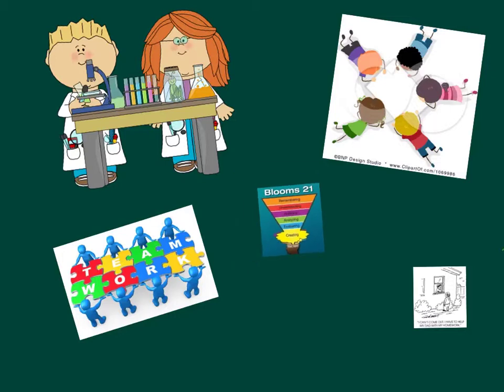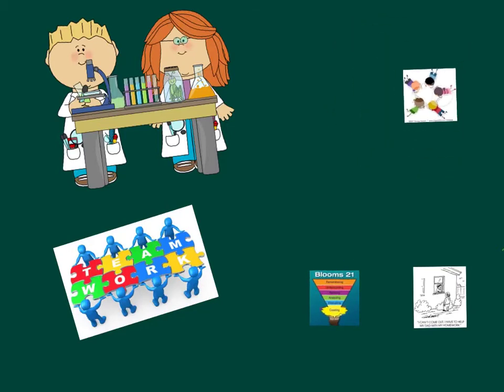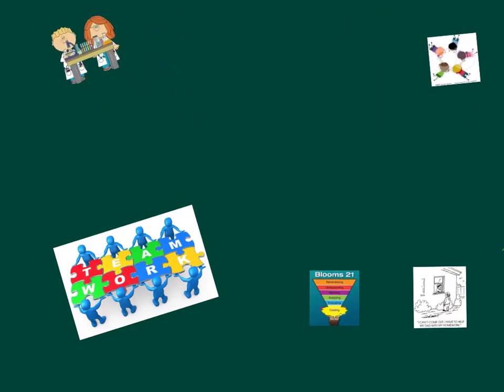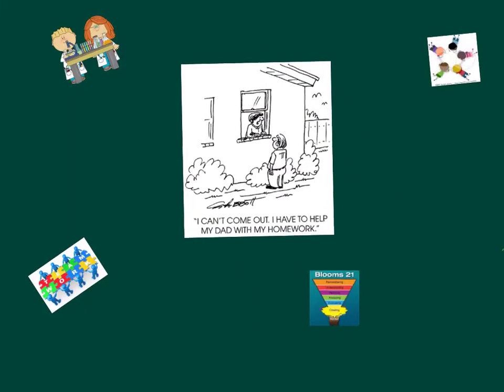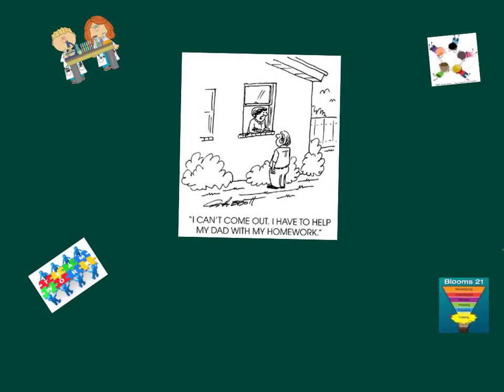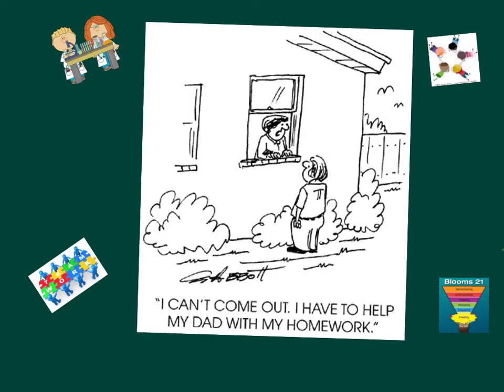Let's face it, the traditional homework assignment and model does not always work. Or should I say, frequently does not work. How many times have you suspected more adult help than student effort on a homework project or assignment?